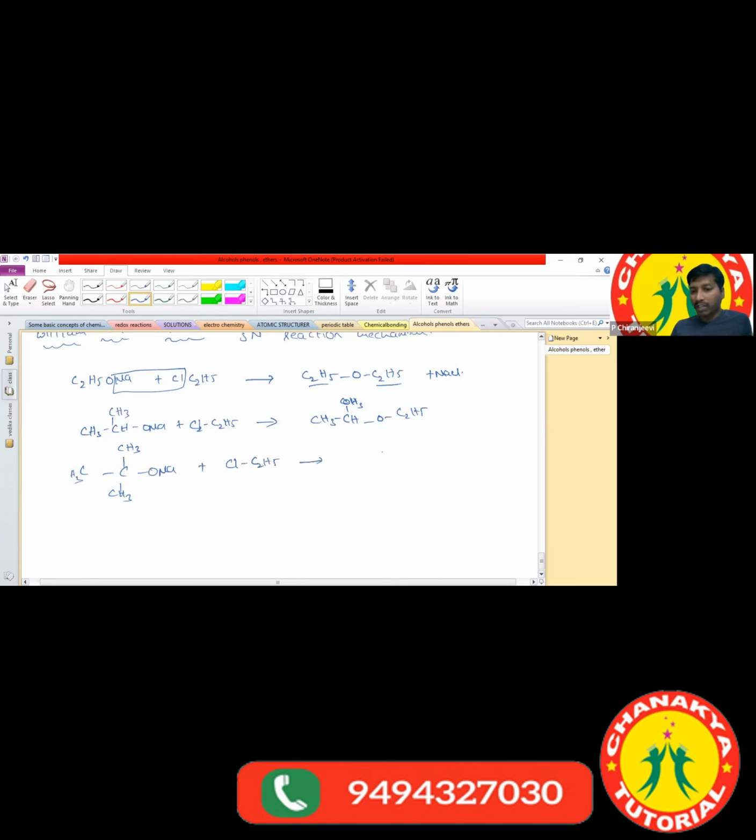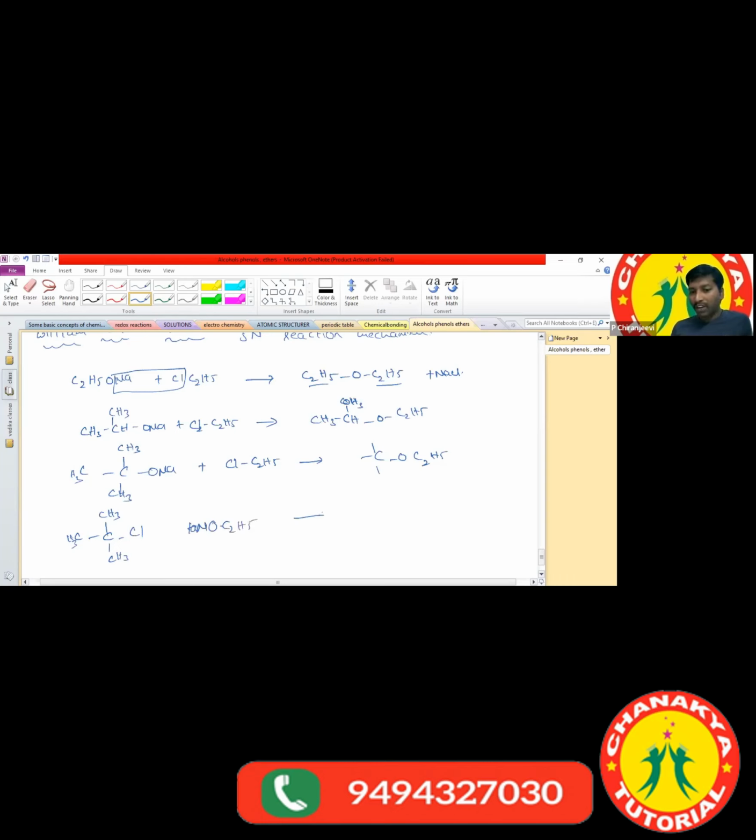Then only it forms the tertiary butyl ether, (CH3)3C-O-C2H5.